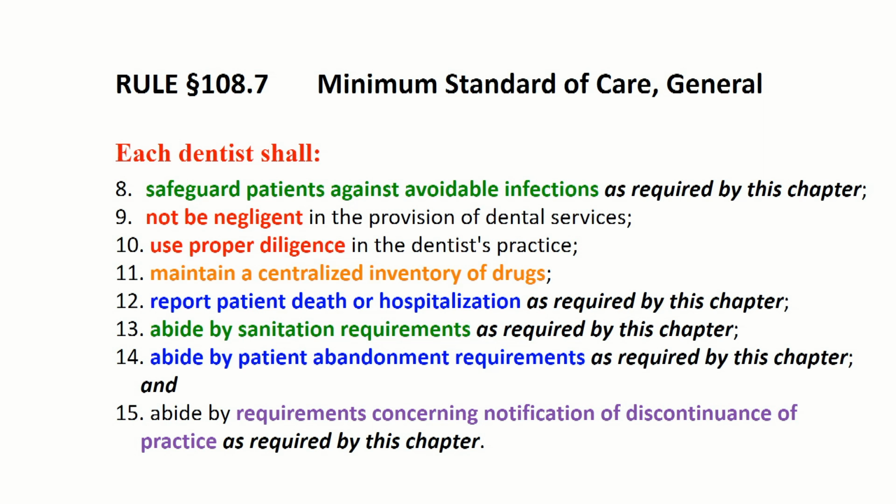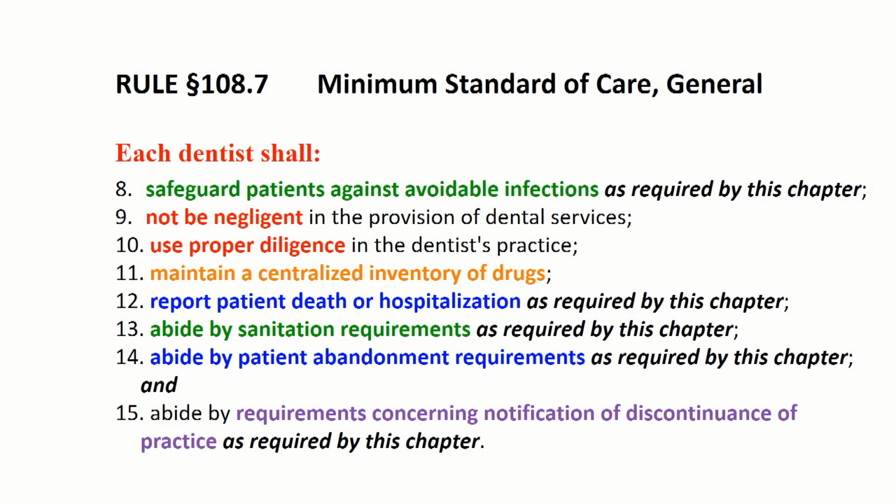Subpart 8, safeguard patients against avoidable infections as required by this chapter. And you'll note on this slide that I've highlighted "as required by this chapter," not only in subpart 8, but also in 12, 13, 14, and 15. Anywhere you see "as required by this chapter," these are rules that are actually addressed in more detailed rules on these subjects in another chapter of the state board rules.